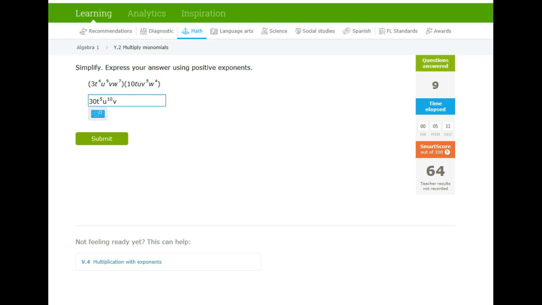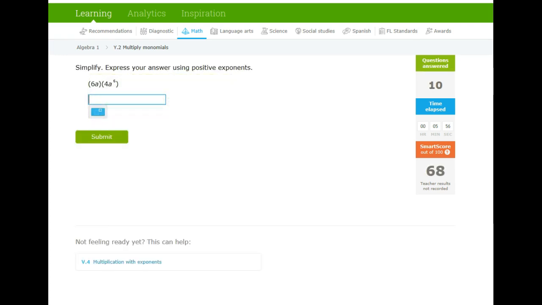And v will be a v to the 1st power, and v to the 5th is v to the 1 plus 5, which is v to the 6. And finally w, which is w to the 7, w to the 4, is w to the 7 plus 4, which is w to the 11th power. You should be right, hopefully.